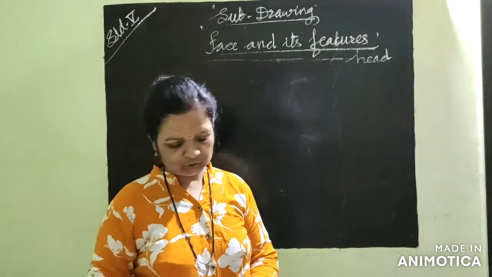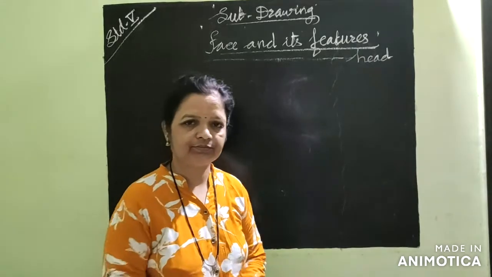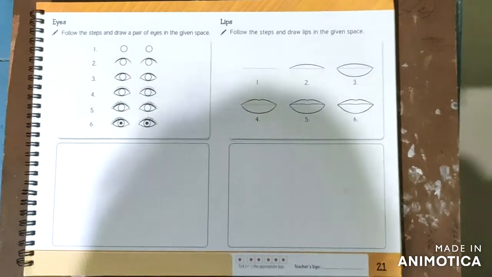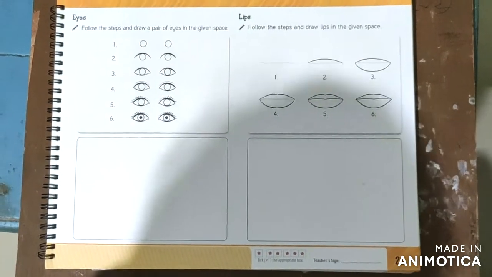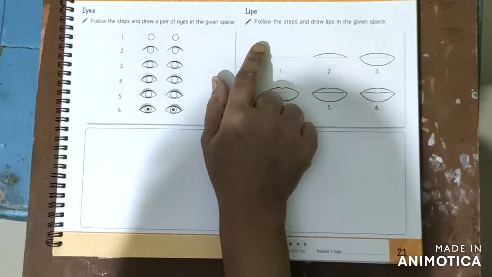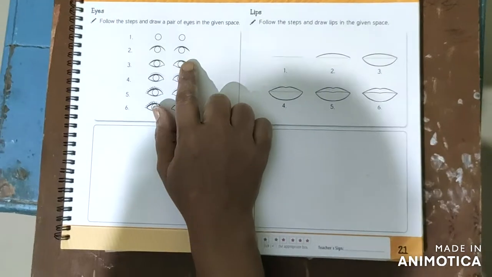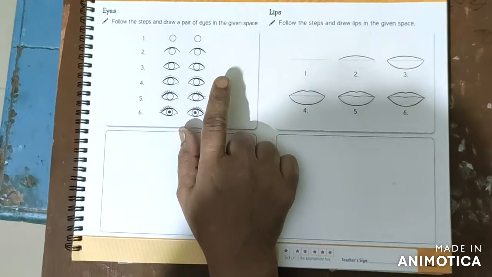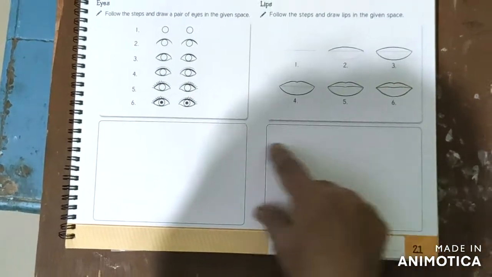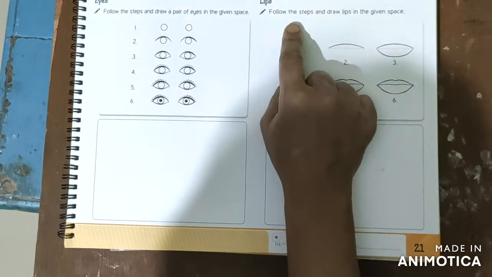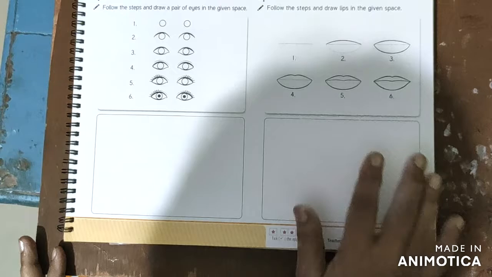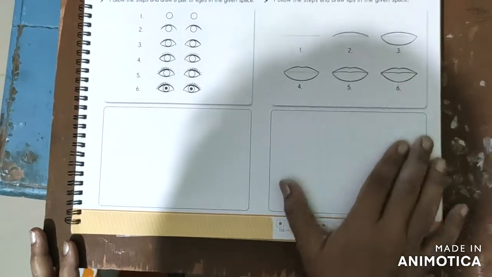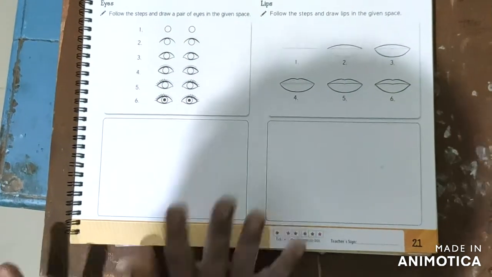Okay, let's come to the book again. See friends, the next page 21, eyes and lips. Follow the steps and draw a pair of eyes in the given space. Here we have given some empty space, you see. Follow the steps and draw lips in the given space. Steps are given here, 1 to 6 for lips, and again 6 for eyes.